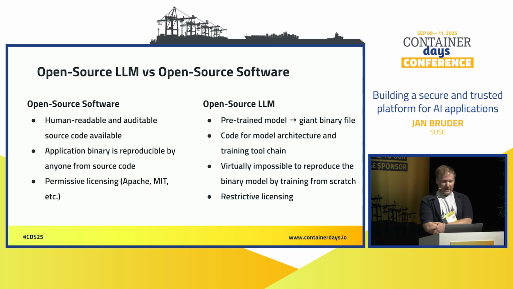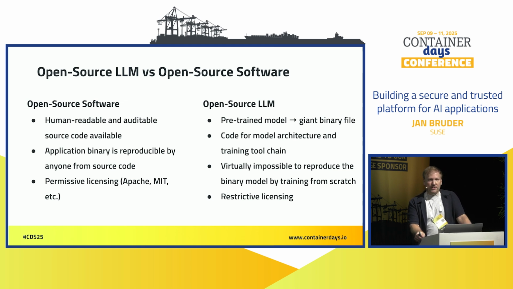With open source LLM, it's a bit different, right? Because there's really no source code of the model itself. So the biggest asset that you get for an open source model is really the trained model, which is basically a big binary blob.